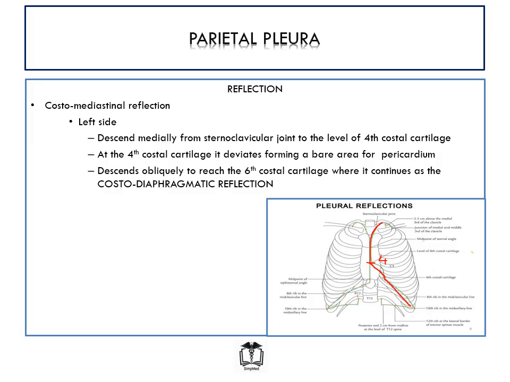The reason why on the right side the costal mediastinal reflection runs vertically from the sternoclavicular joint all the way down to the seventh costal cartilage, whereas on the left side it runs first from the sternoclavicular joint to the fourth costal cartilage and then obliquely to the sixth costal cartilage, is because of the bare area of the pericardium.